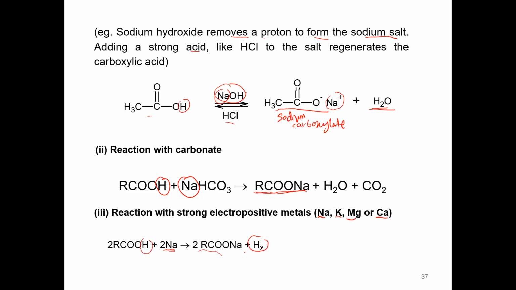Here the side product is different, if the carboxylic acid reacts only with metal. With carbonate, the products are water and carbon dioxide. With sodium hydroxide, the side product is water only. But the most important thing is you need to know the major product, this one.